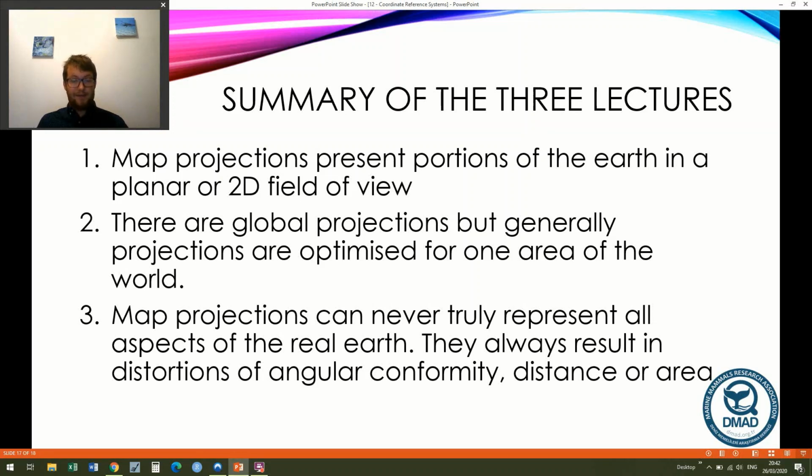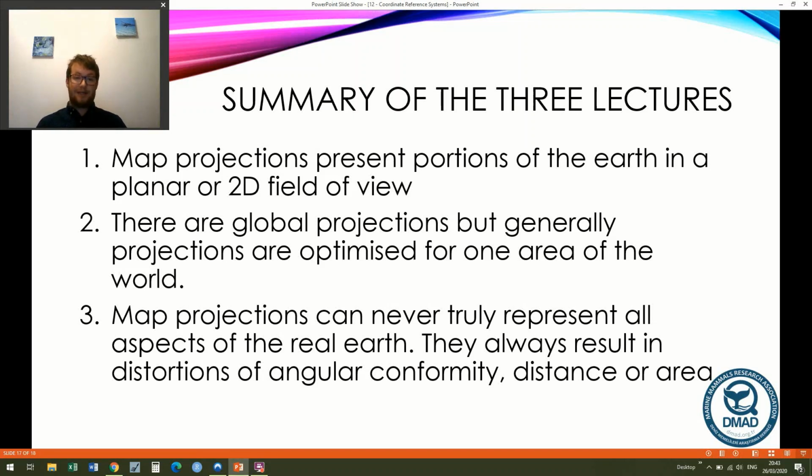And I've emphasised that again in the next point. Map projections can never truly represent all aspects of the real Earth. They're always going to result in distortions of angular conformity, distance, or area, and that's purely because the Earth is roughly spherical and we're trying to portray that as a flat piece of paper, so we're never going to be able to represent all 3.